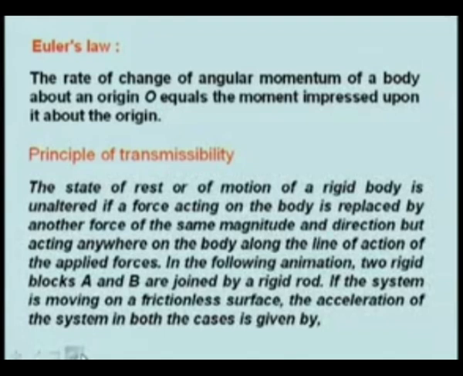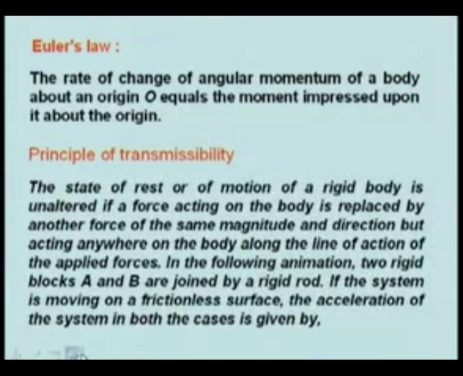So rate of change of linear momentum gives us force, and rate of change of angular momentum of a body about an origin O equals the moment impressed upon it about the origin. For the time being, we considered O to be a fixed point in the inertial frame of reference.